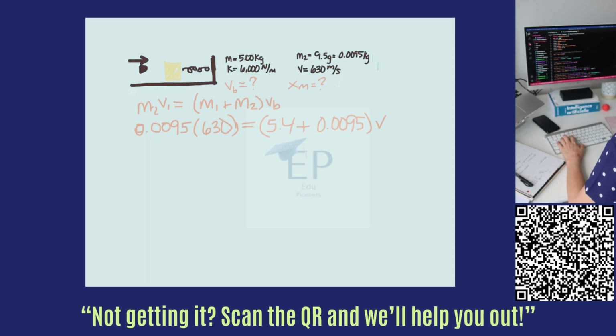And when we solve for V, we get V equals 1.1 meters per second. So that is going to be the velocity of our block. After the bullet hits, the block will move with that particular speed, that velocity. The second part of the question is asking us about the amplitude.